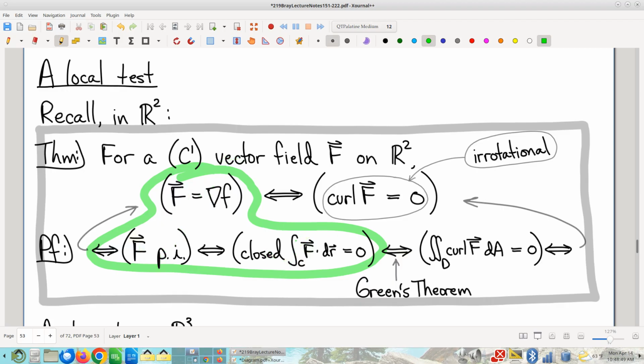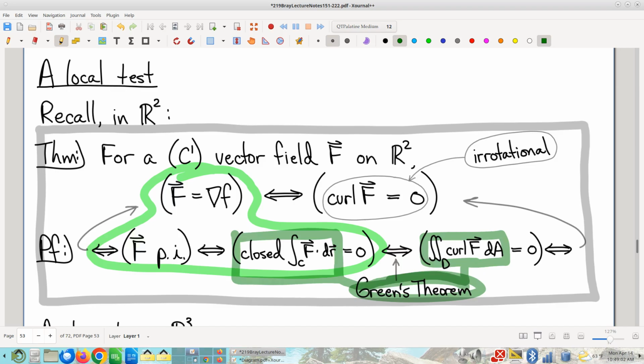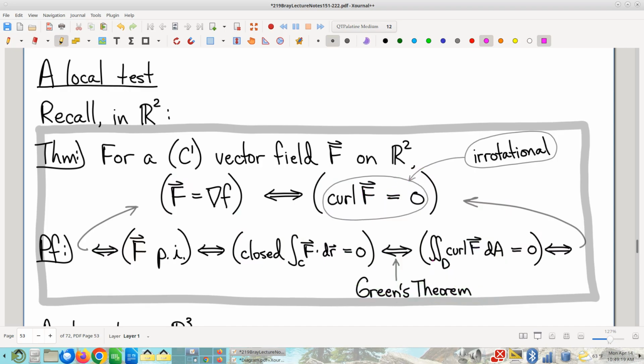And so we just made the cool observation from Green's theorem, in a different color, that Green's theorem says that that's equal to that. And that's the perfect thing that gets us over here to the right, where we make arguments about how can an integral always be 0. Well, that means the integrand must equal 0, and we get to this result that curl is our local test. Okay, so that's very quick because it was review.